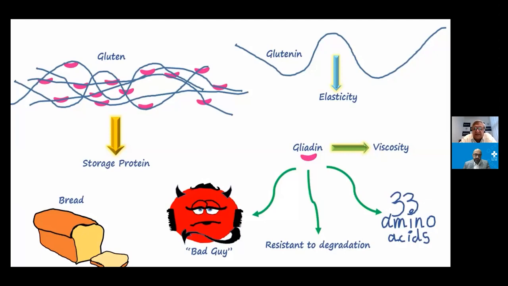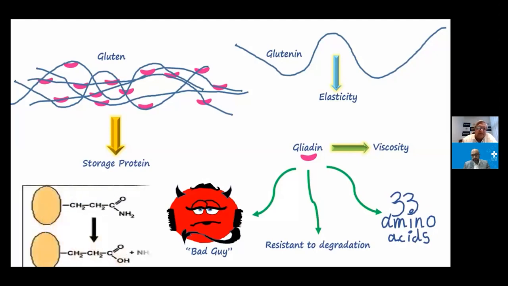Gliadin is resistant to degradation by gastric pepsin and proteases in the small intestine. It's only when it is absorbed that the terminal amino region is removed and then it becomes deamidated gliadin peptide, which is more immunogenic than gliadin itself.